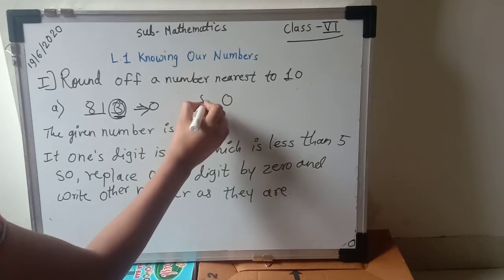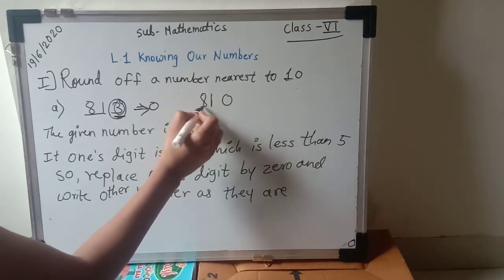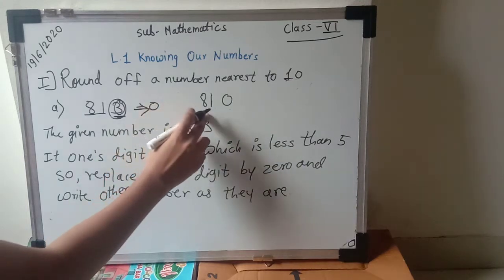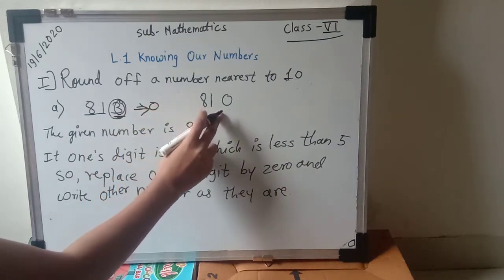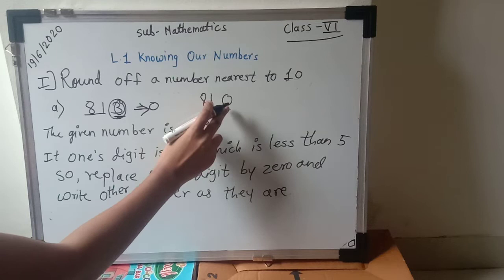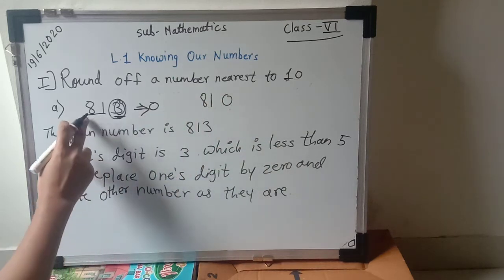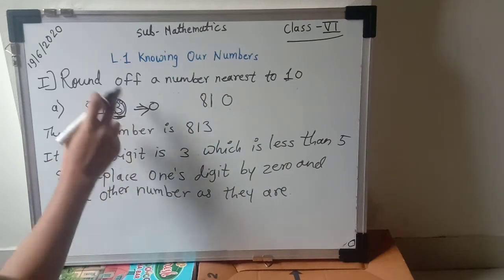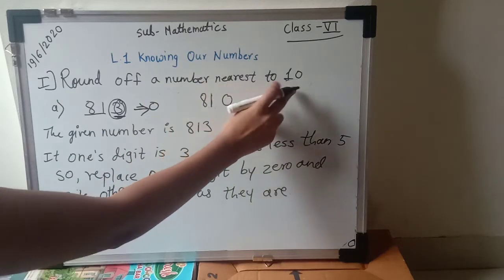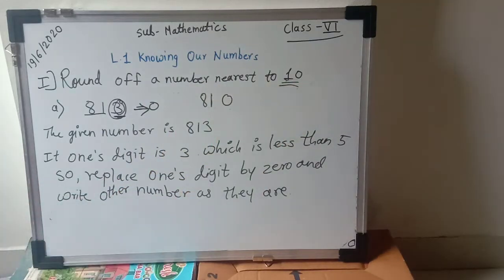So we will write 81, which means 810. So we rounded this number to the nearest 10: 810 is the rounded number of 813. Now let's see another example here.